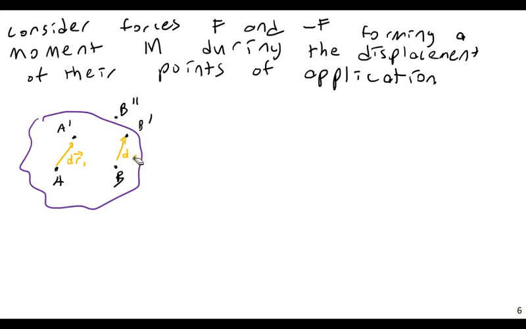So this is our translation with A, dr1, and then a rotation about A, which produces dr2 at point B. And this angle here would be our theta, and this might be our overall radius of rotation, r.